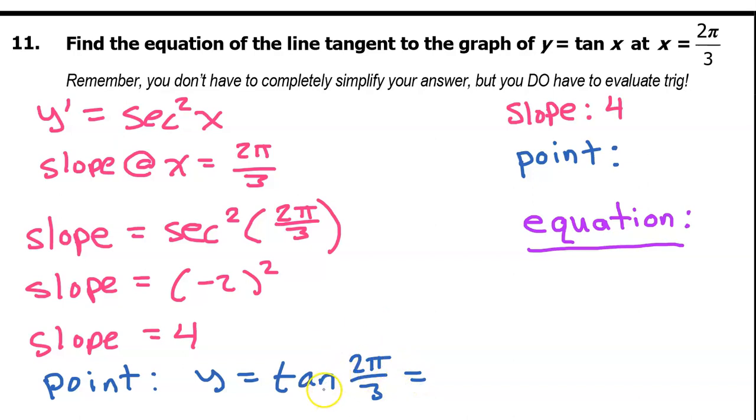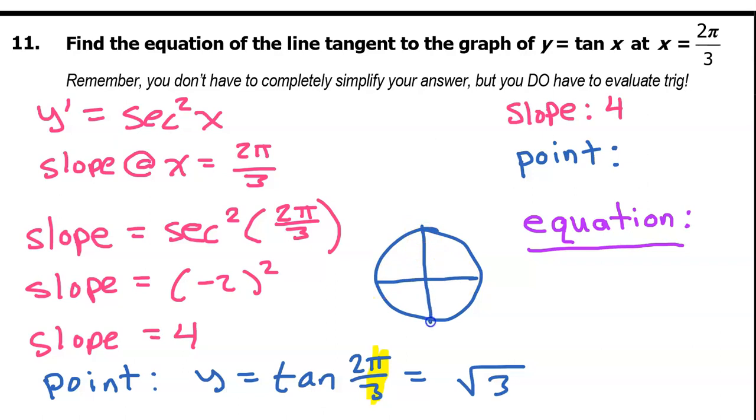So we have memorized that the tangent of pi over 3 is radical 3. So what about 2 pi over 3? Well, like I just mentioned a second ago, 2 pi over 3 is in the second quadrant. Tangent is negative in the second quadrant. It goes like this.